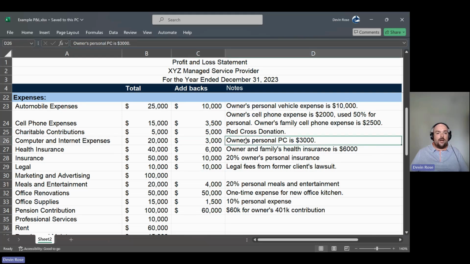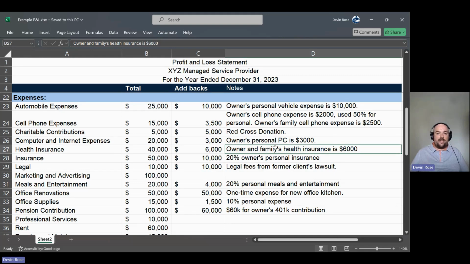Health insurance, so $40,000 for the business in total, of which the owner and their family's health insurance is $6,000. It's important to note here for this one that if the person who'd be brought on to replace the owner's role would also require health insurance, presumably.